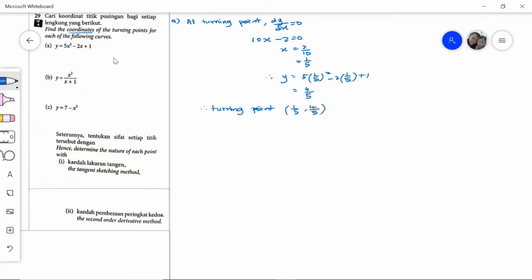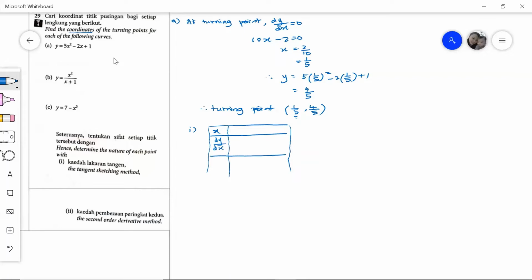Next we have to determine the nature. How do we determine the nature? First method, we use the tangent sketching method. To use it, there are a few things we have to put in. We have to test the points before and after the turning point. We want to test the gradient before and after.